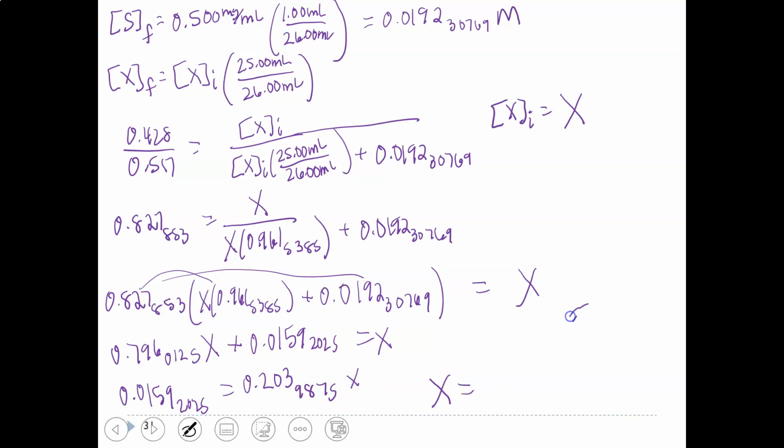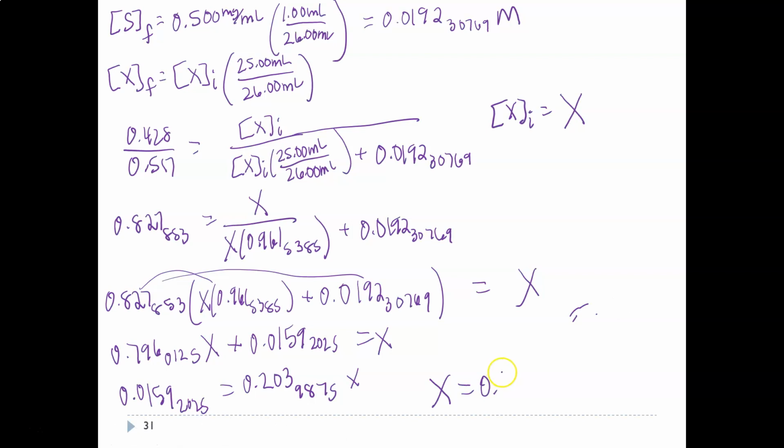And when I do that, I get 0.0780452. So that's xi. That's the amount of phosphate in the urine sample that we tested.